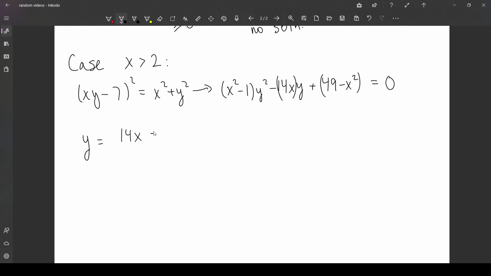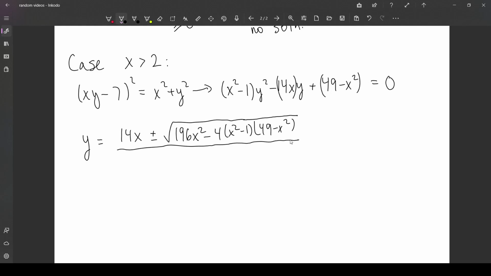And so that's going to give us the following. 196 x squared minus 4, all over 2 times x squared minus 1.